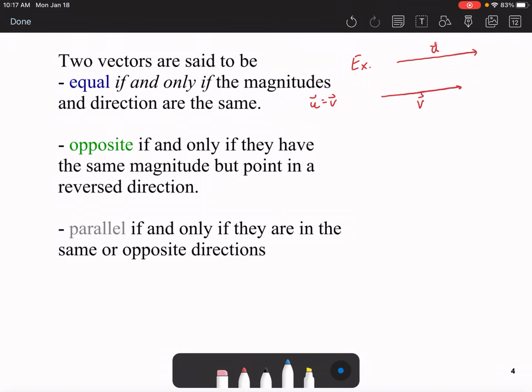Two vectors are said to be opposite if and only if they have the same magnitude but point in the reverse direction. So, for instance, let's draw another two vectors.